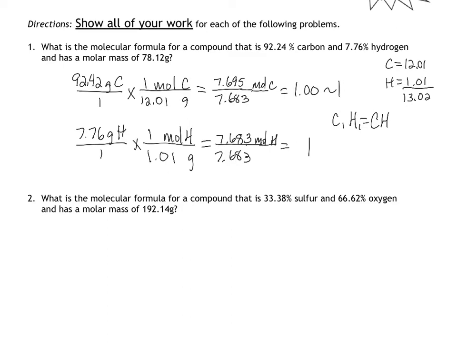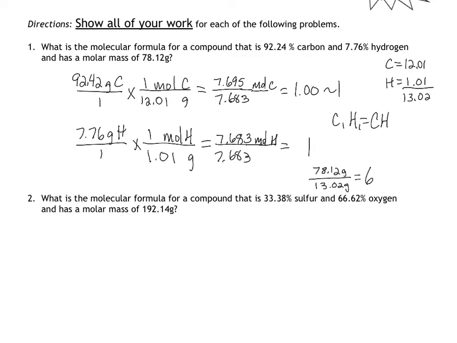So in this case, I'm going to take my 78, my known, and divide it by my empirical formula. And that equals 6.